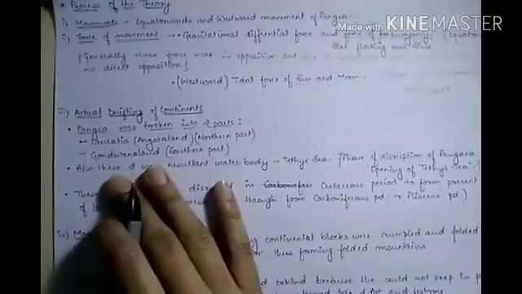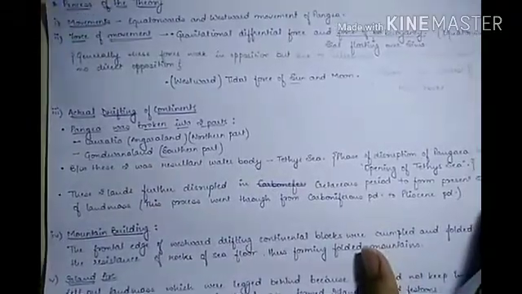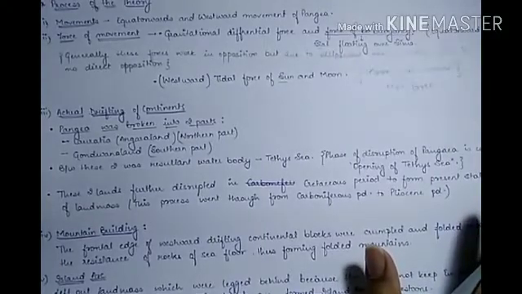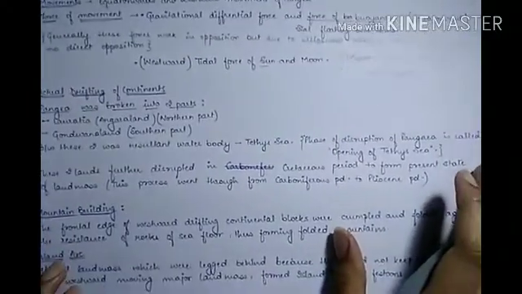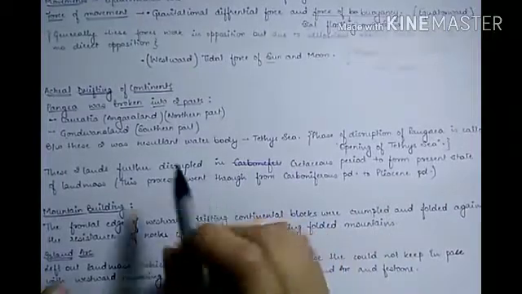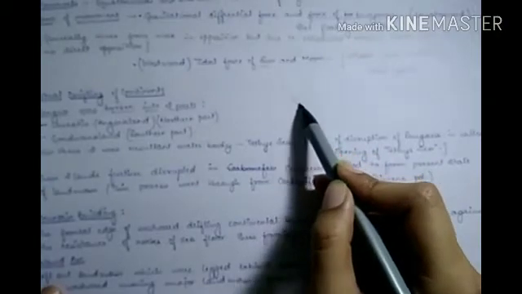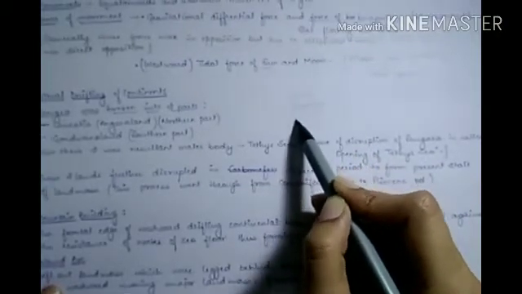Now, how did the actual drifting of these continents take place? Initially we had Pangea, and it was broken into two, that is Laurasia and Gondwana.